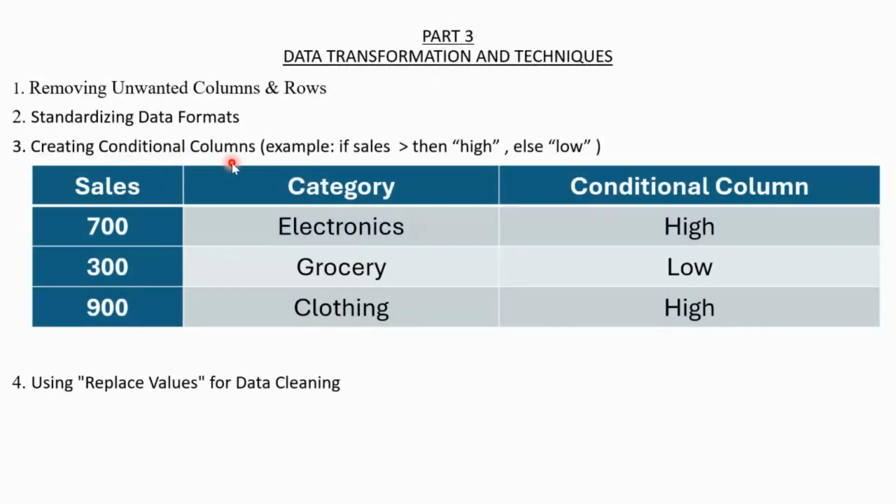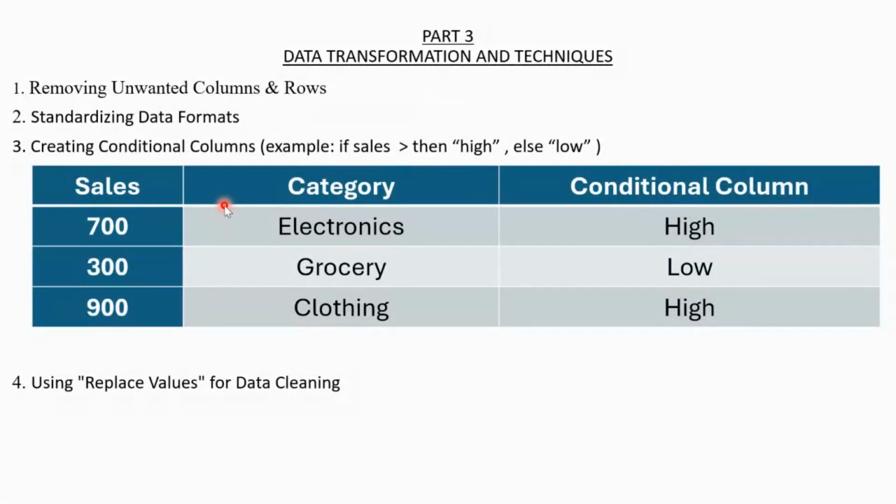Now, creating conditional columns. For example, we have our sales rows here and we have our category. This is a conditional column. Mostly we use this to get an insight. For example, the company asks us as a data analyst to go to our staff database and increase salaries based on performance.